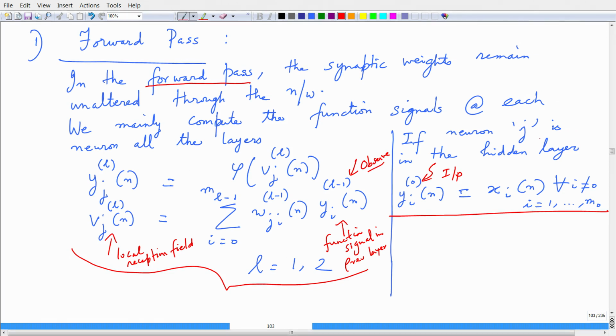Now, if the neuron j is in the hidden layer, then we can say the function signal y_i of n in layer 0 is basically the input x_i, right, for all i equals 1 to m naught except the bias when i becomes 0. When i becomes 0, that is the subscript i becomes 0, it is the 0th coordinate, which is basically the bias.